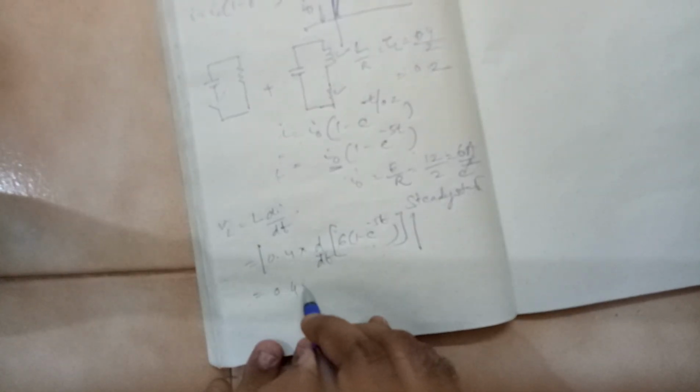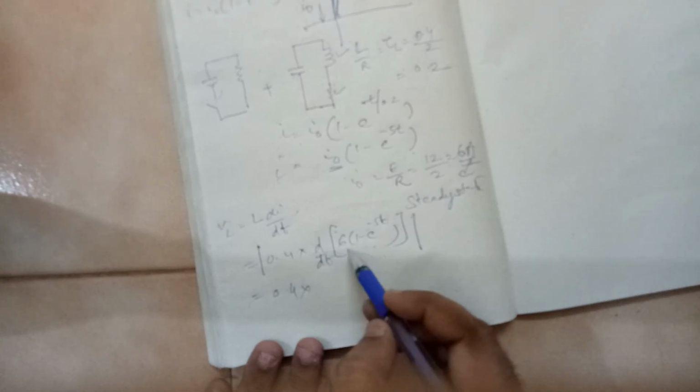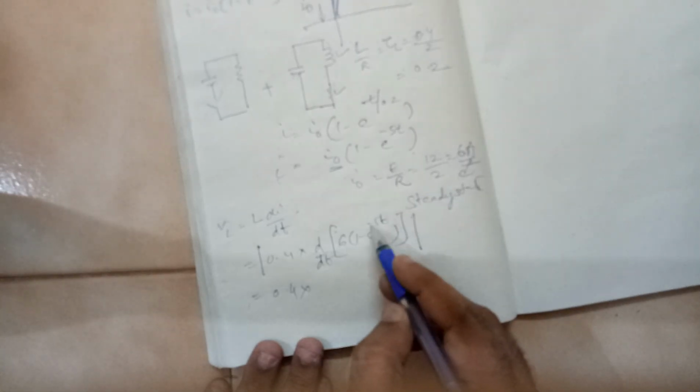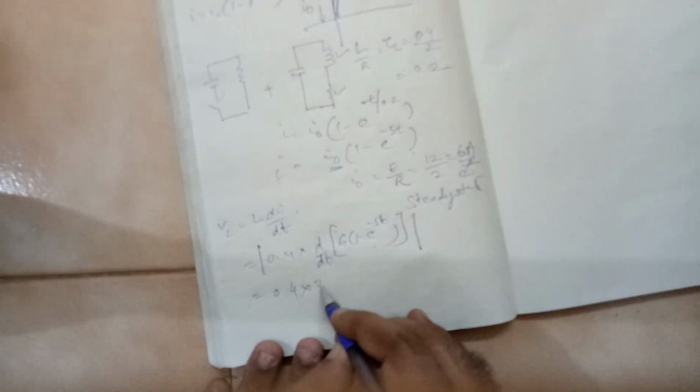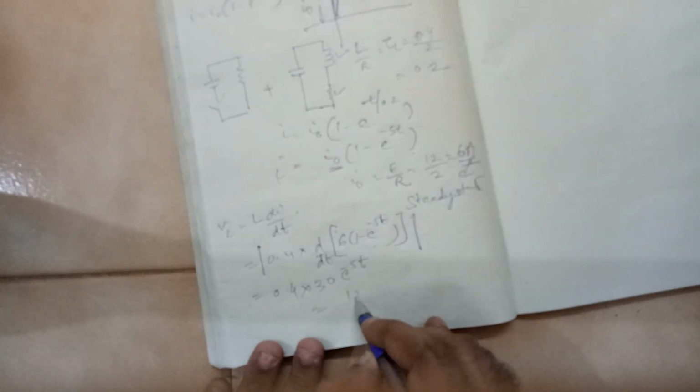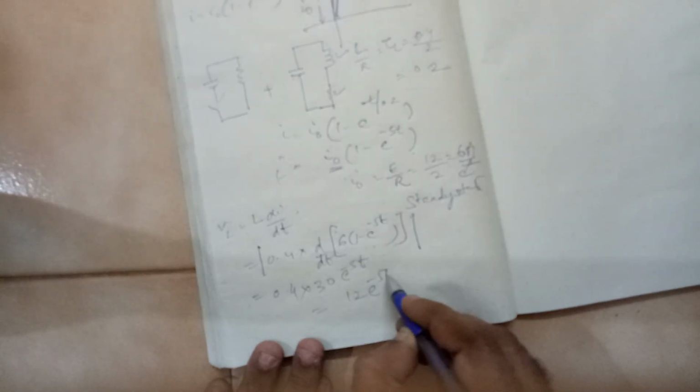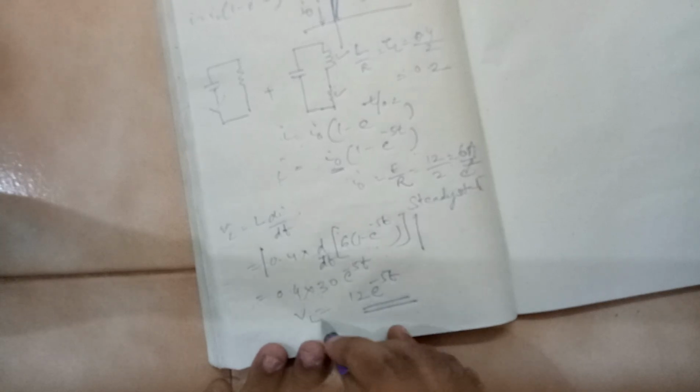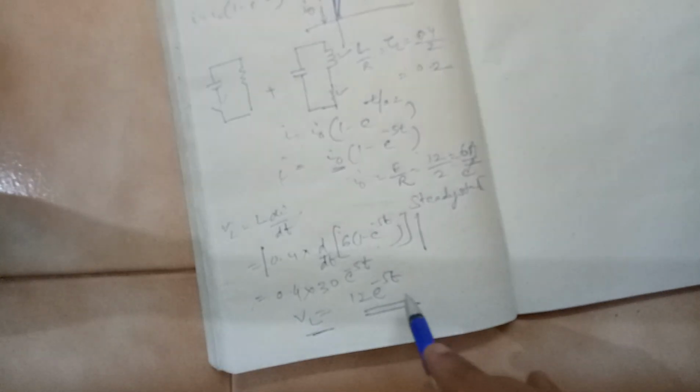So this is 0.4 into d by dt of 6 is 0, and this will become 5 into 6, 30, 30 into e power minus 5t. So this is 12 e power minus 5t. This is the potential drop as a function of time. You keep on changing the value of t, the potential drop value will keep on changing. Okay, this is one part of the question.